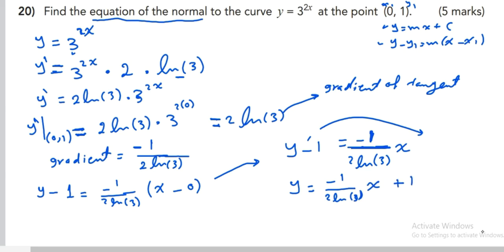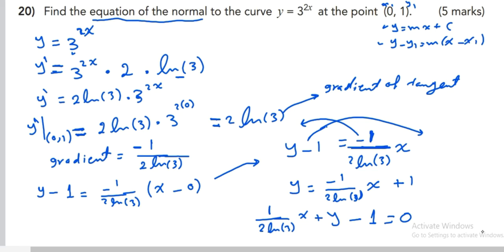Or you can collect them in one side and make the other side equal 0. So it will be 1 over 2 ln 3 x plus y minus 1 equal 0. Here we move this part to the other side and write in order the part of x, then the part of y, then the absolute term.